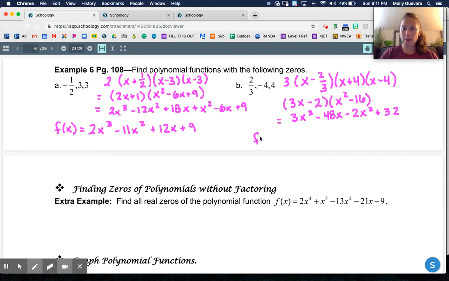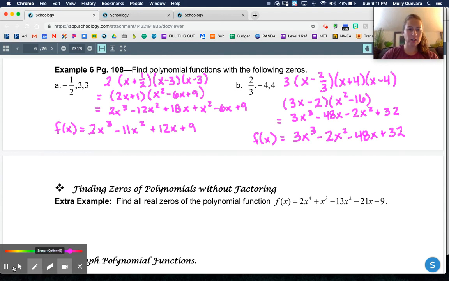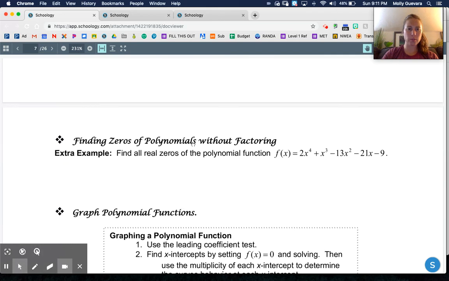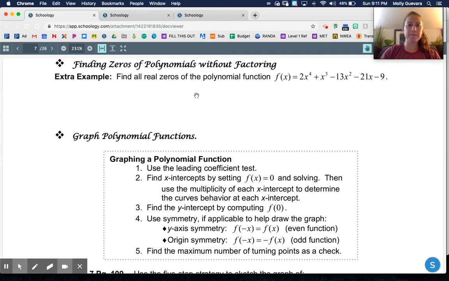And then if I combine my like terms and write this in the correct order, I have 3x cubed minus 2x squared minus 48x plus 32. Okay, hopefully we feel good there. We are basically on the last page, so we're getting close.